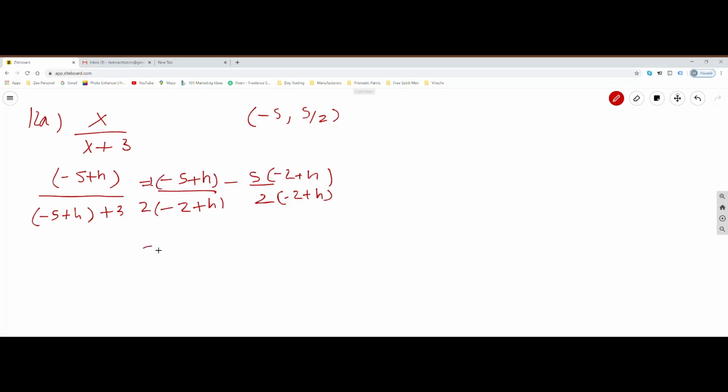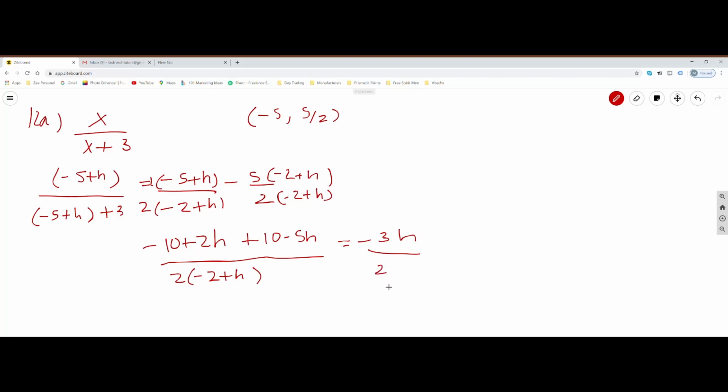So you get negative 10 plus 2h plus 10 minus 5h over 2 times negative 2 plus h, which equals negative 3h over 2 times negative 2 plus h, and divided by h, so you can multiply by the reciprocal, so this cancels.